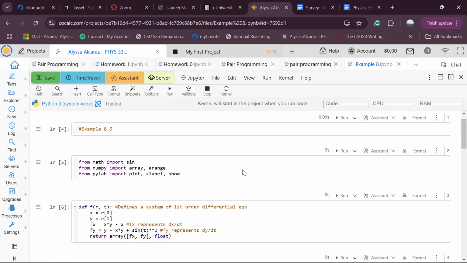And just to clarify, which one is 8.5? This one up here? Here? Yes. Go ahead.